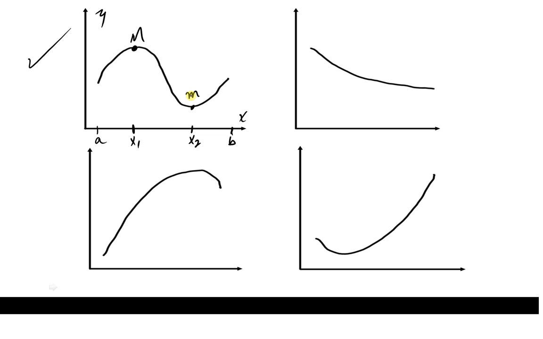Now, in the second example, notice that at the endpoint A, the function has its absolute max, and at the other endpoint B, it has the absolute min.